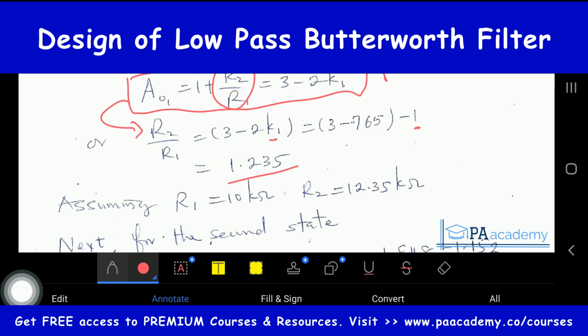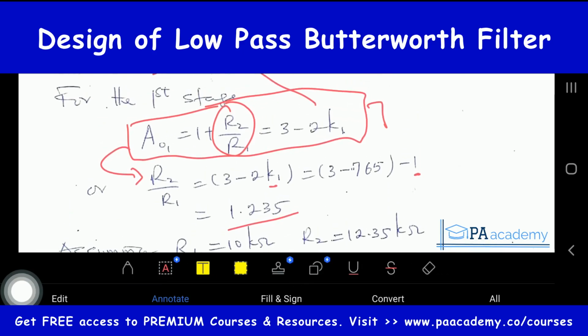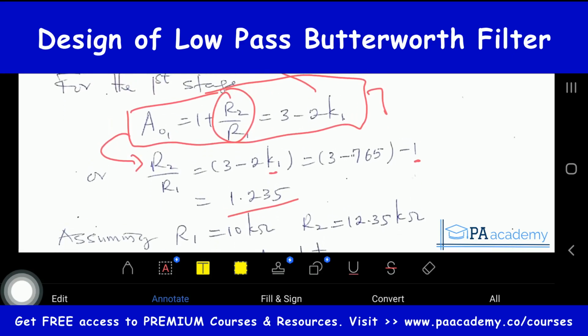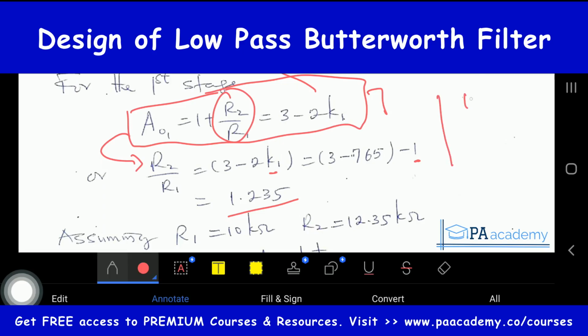We have to write it in such a way that we can use it to get R2 over R1. In most cases, our R1 is equal to 10 kilo ohms.